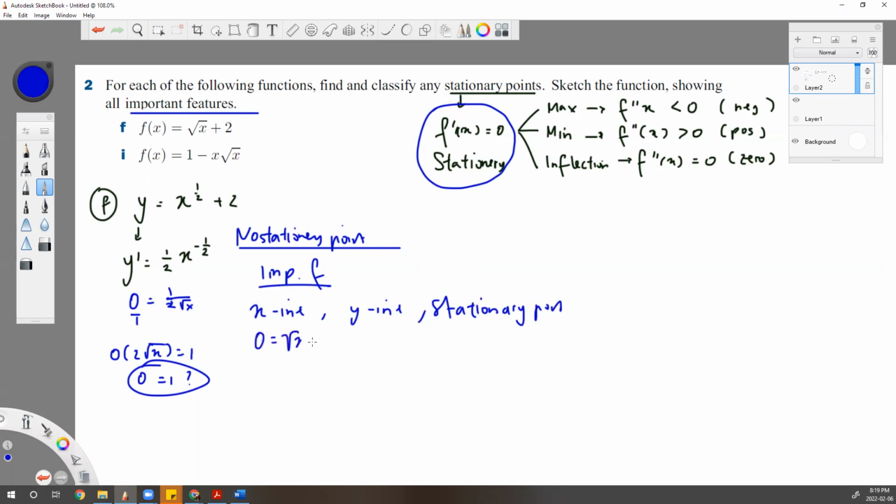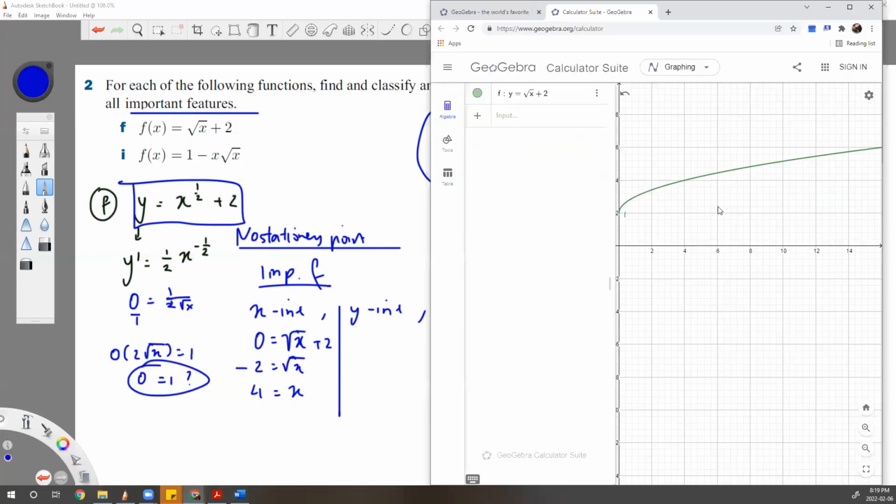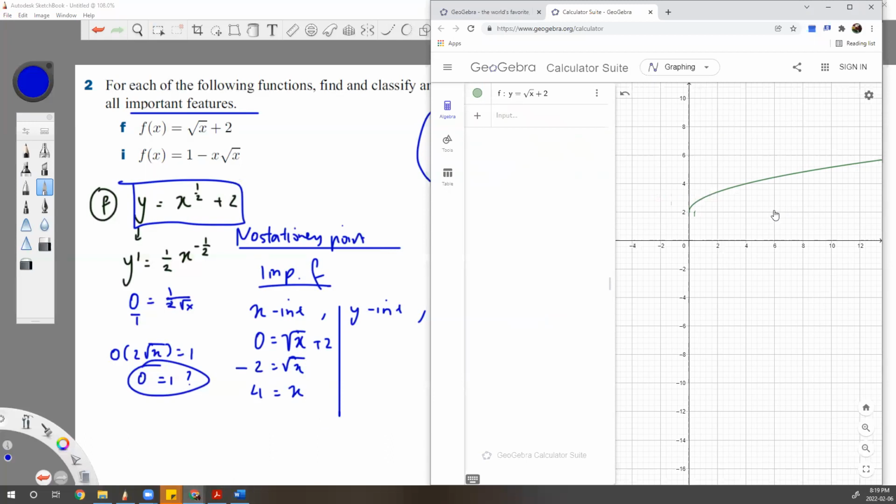So 0 equals square root x plus 2, right? Here, you just copy paste this, and then -2 equals square root x. If I square both sides, x equals 4, right? Let's see. No x-intercept at all.